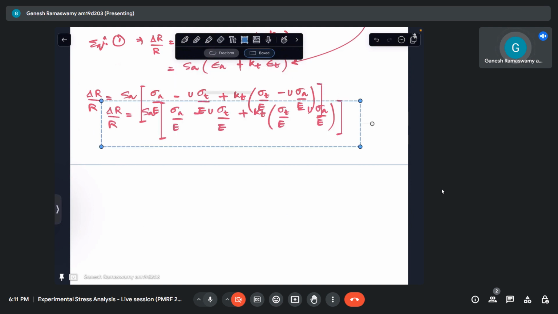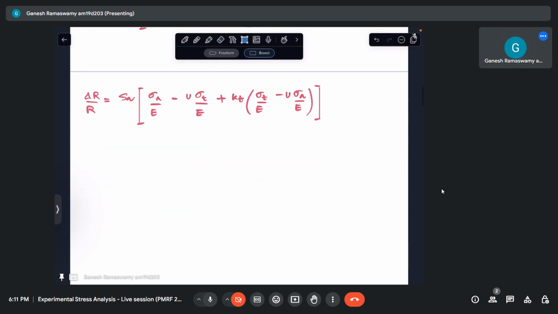So if I were to cross multiply this out, what I get is delta R by R is equal to SA sigma A by E into 1 minus mu KT.